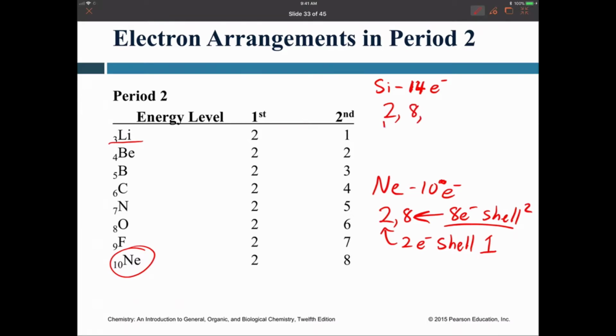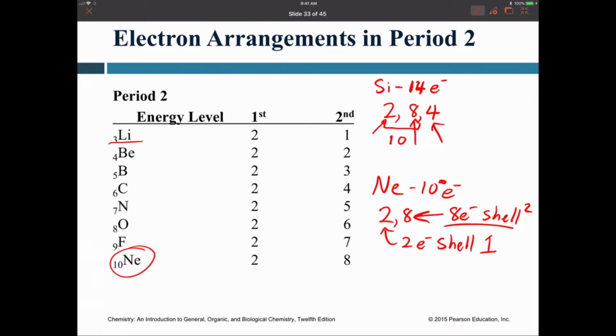Now if we add this together right now, we have 10 electrons, right? So we have 4 more electrons we have to find a home. Well, there's 10 and we have 14, and we know the third shell can hold a maximum of 18, but usually 8, so just put the 4 there. 2 on the first shell, 8 on the second shell, 4 on the third shell.